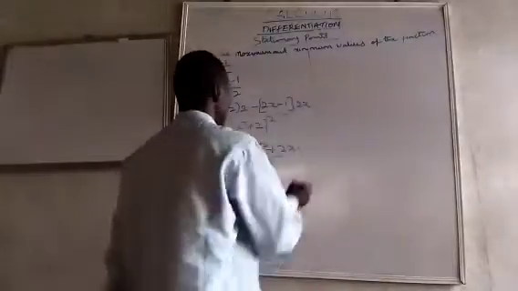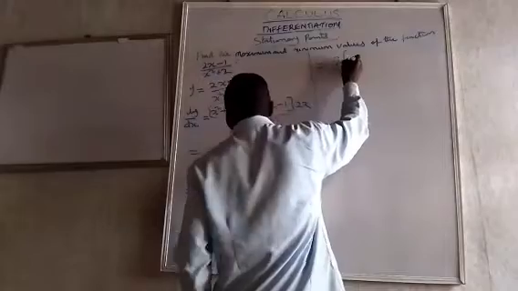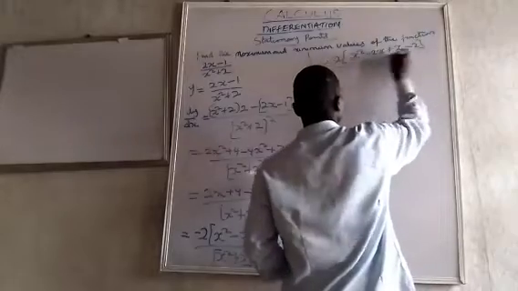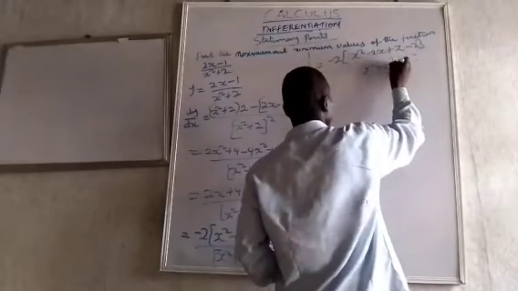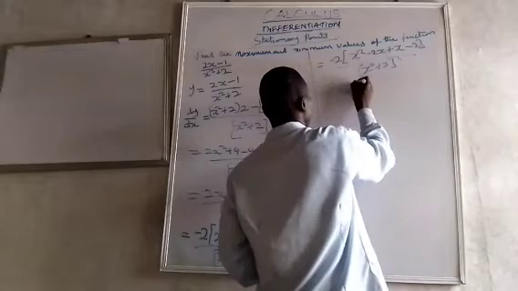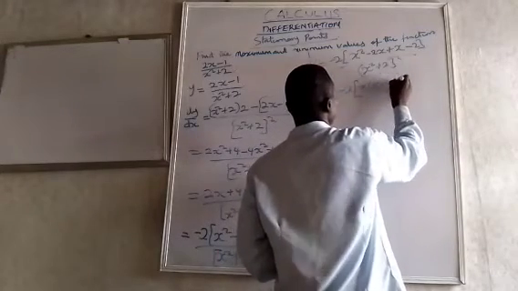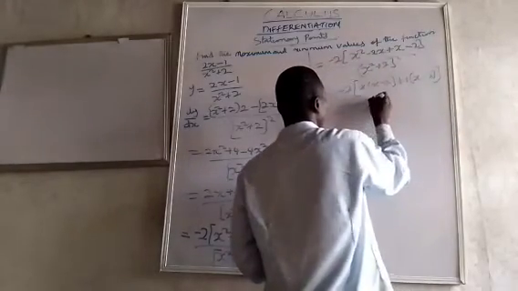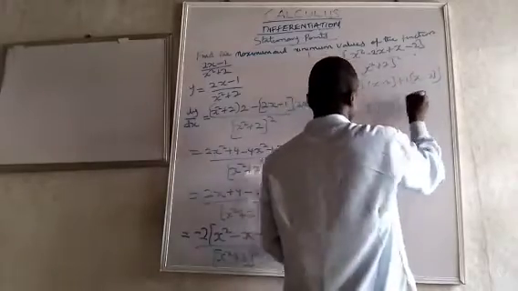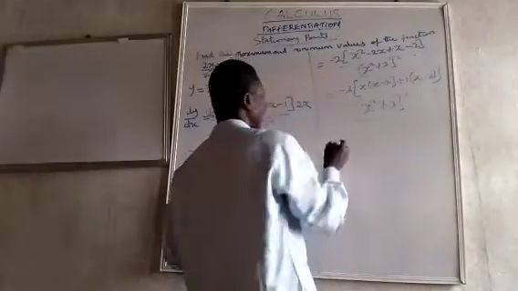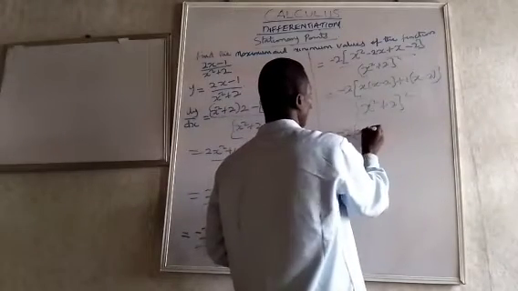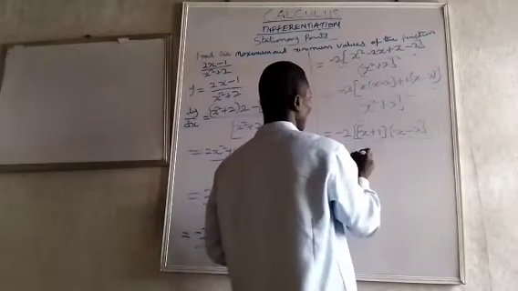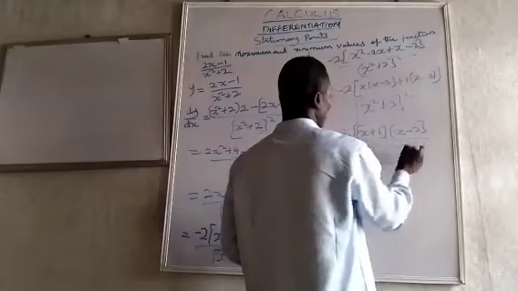So if I factorize this, it's going to give me minus 2 into (x squared plus x minus 2x minus 2), which is minus 2 into (x plus 1) into (x minus 2) over (x squared plus 2) whole squared.